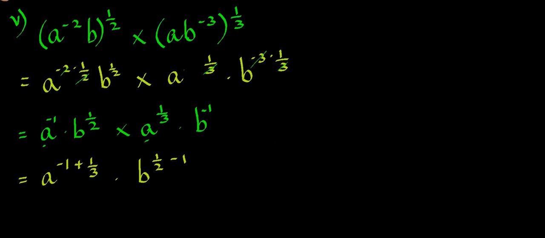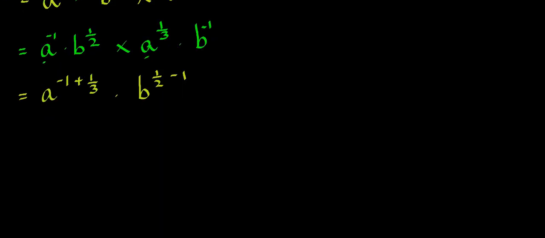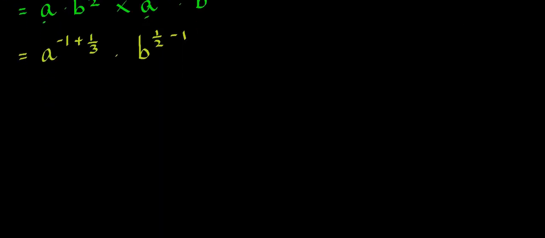That's equal to, moving down, now here remember children, what do we do? We bring our LCM into the picture. So this will be a raised to minus 3 plus 1 upon 3 into b raised to 1 minus 2 upon 2.